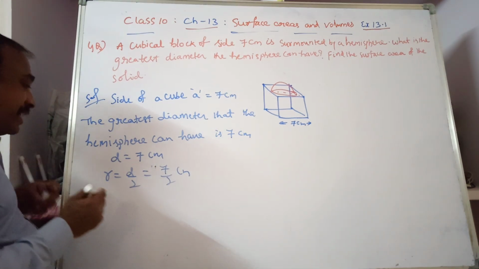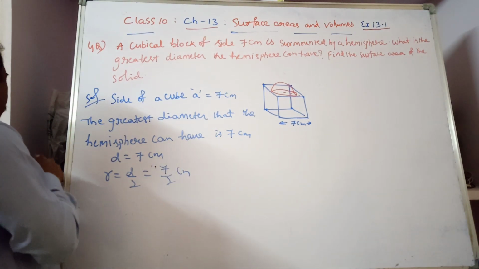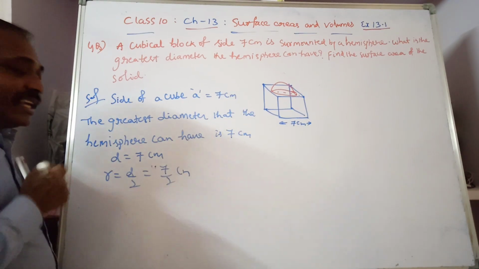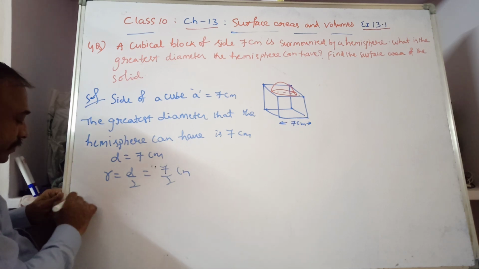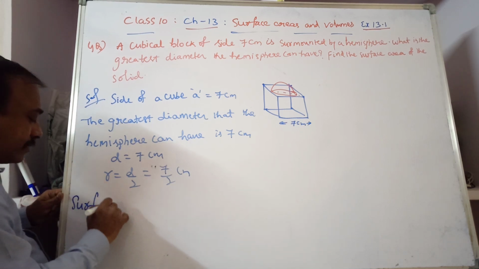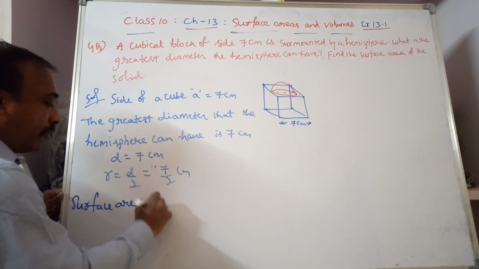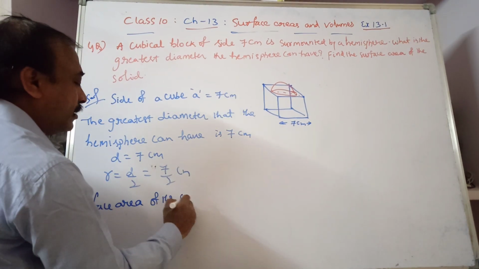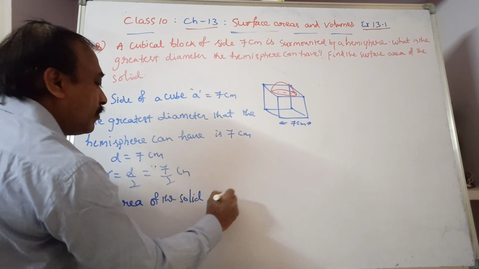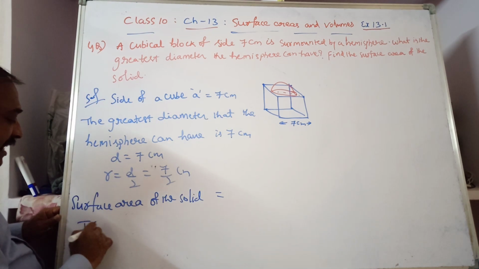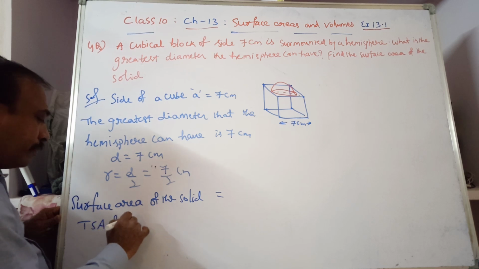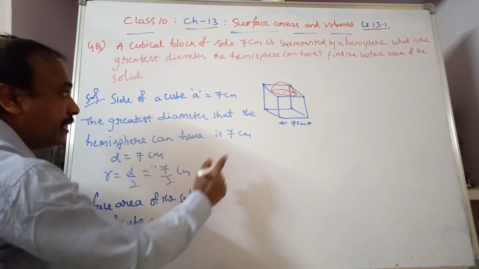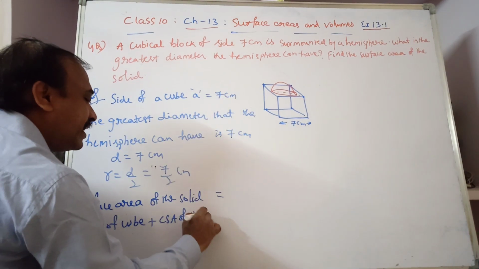The surface area of the resulting solid is equal to TSA of cube plus CSA of hemisphere.